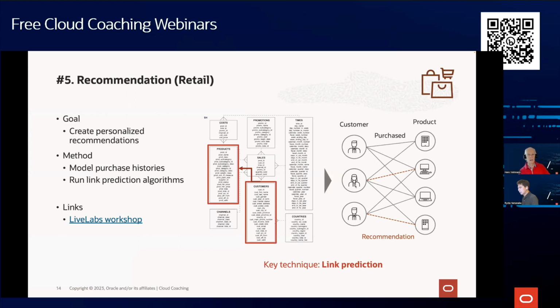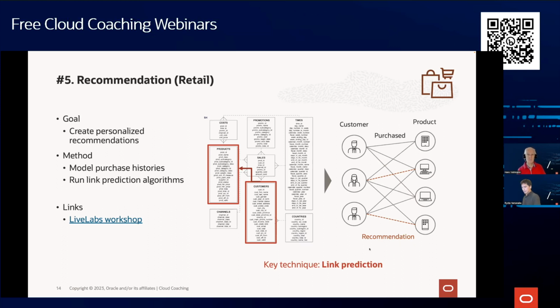And then if the edge between this person and this product is not yet there, maybe the link prediction algorithm can say there's a potential edge between these two vertices and between these two vertices. So this is a basic recommendation algorithm.